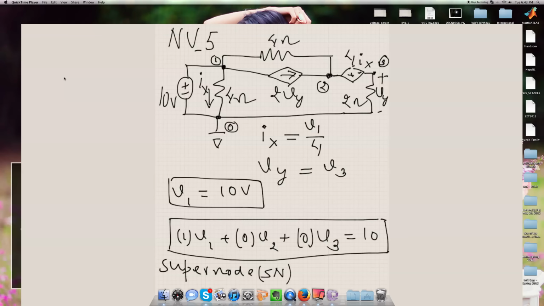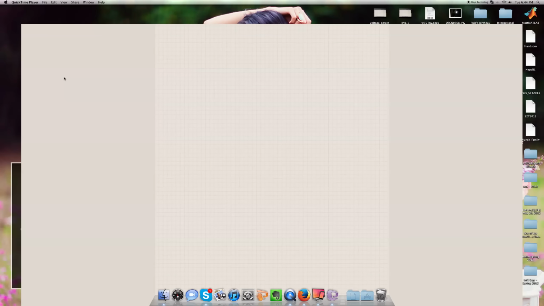consisting of the nodes 2 and 3, what we see is the voltage drop between nodes 2 and 3 is the same as the diamond 4Ix. And remember, I sub x is V sub 1 over 4. In other words, we can write that V sub 2 minus V sub 3 is 4 times Ix, and I sub x is V sub 1 over 4.